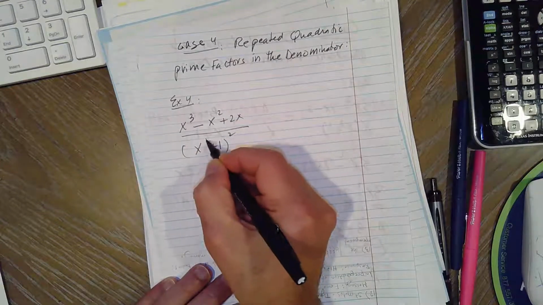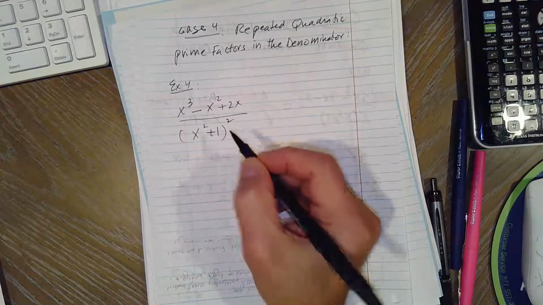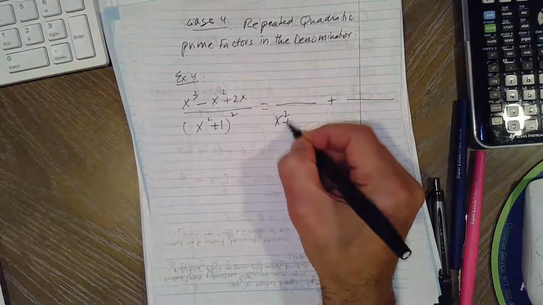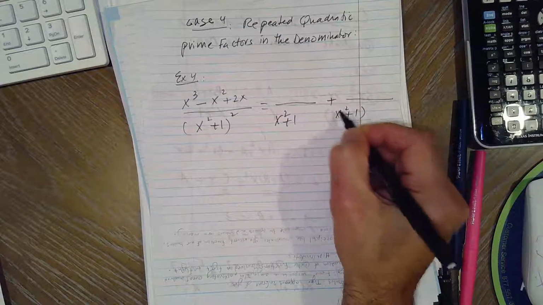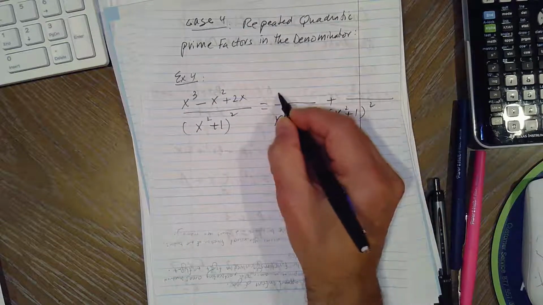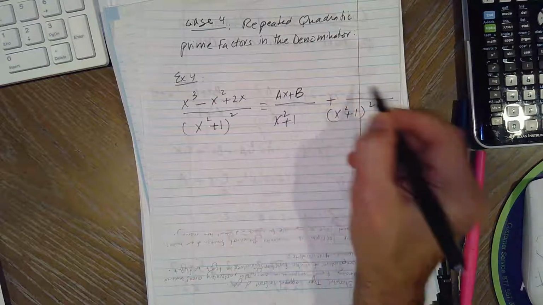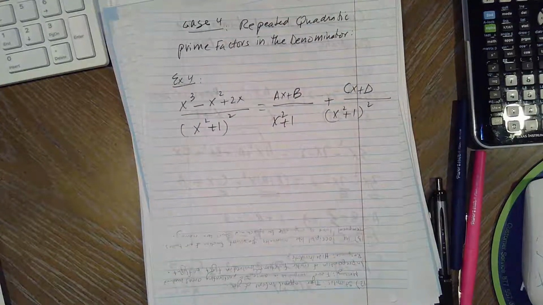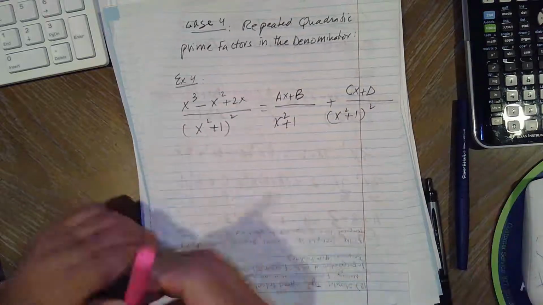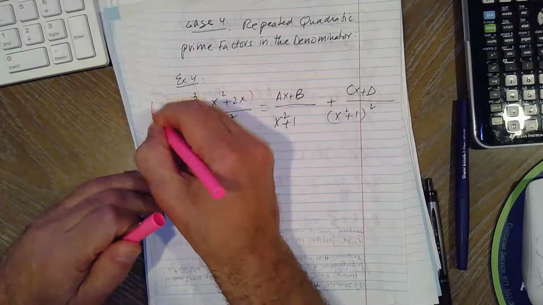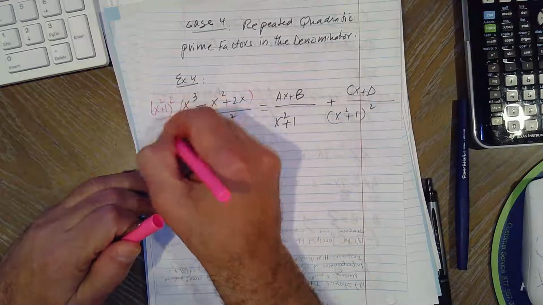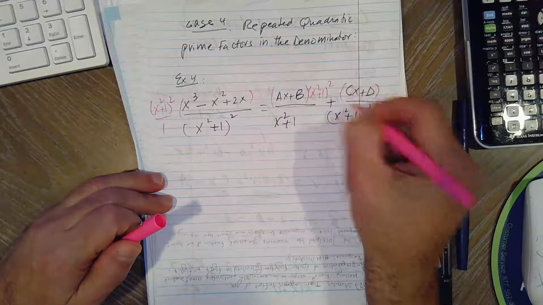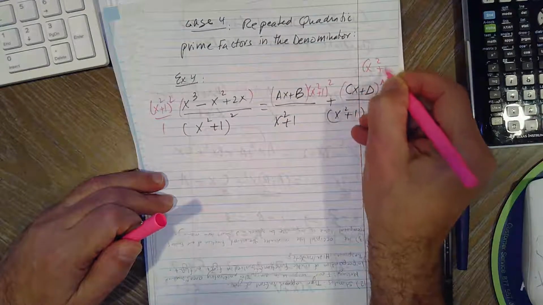So you know we have a quadratic and it's repeating twice. For every one we put a fraction, x squared plus 1, x squared plus 1 squared. Since the prime factor is quadratic, we're going to use linear on top, Ax plus B, and then Cx plus D. And then we're going to multiply by the original denominator, x squared plus 1 squared.